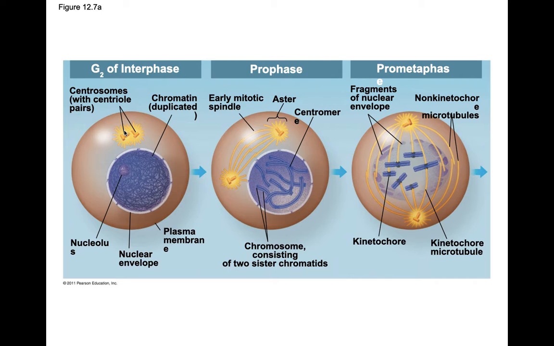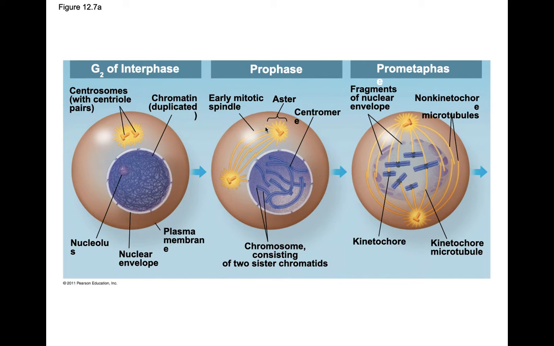And the other thing is that we have two centrosomes with our centrioles, and these are where we are going to be having microtubules being created, polymerized from these centrioles, and these are known as asters. Aster means star in Latin. So we're going to see over time these microtubules expand and radiate outwards almost like rays of sunshine.